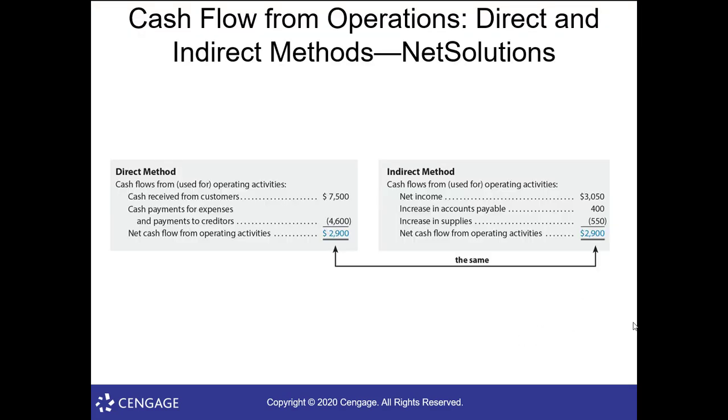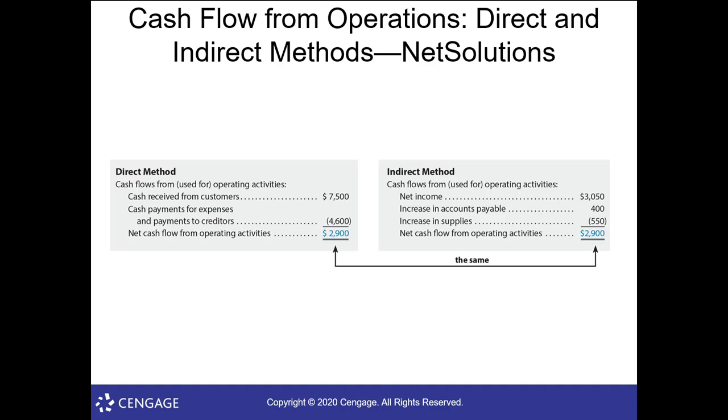So here's an example. Cash received from customers is sales plus changes in accounts receivable, whether it increased or decreased. And then payments for creditors and expenses: this is your operating expenses as well as cost of goods sold, with net changes in inventory and net changes in accounts payable. Whereas here, we start with net income. We have an increase in accounts payable. That's a current liability, so if a current liability goes up, cash goes up because you're not paying those particular vendors.